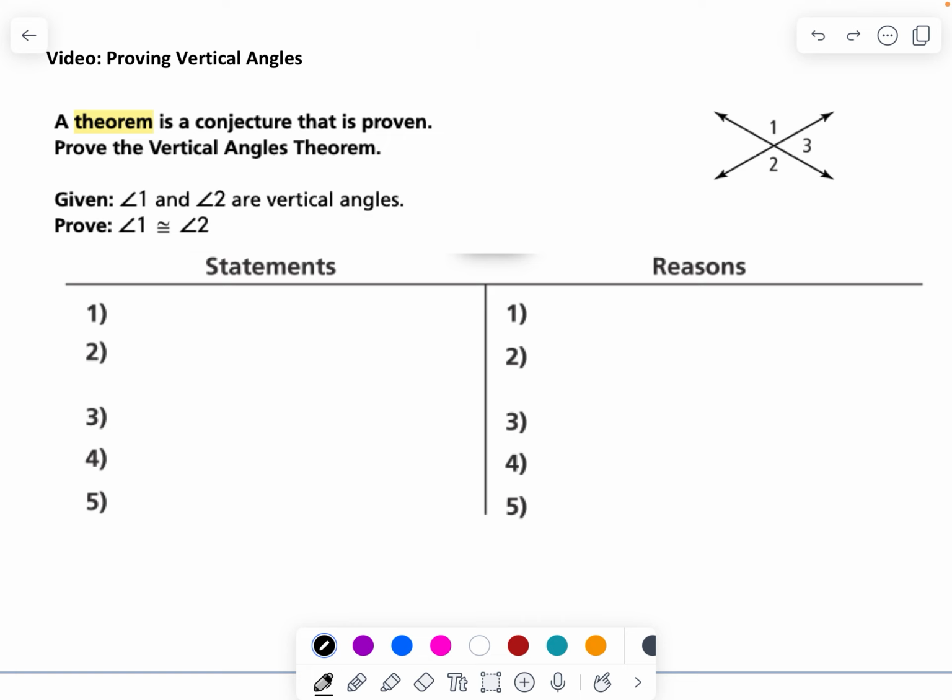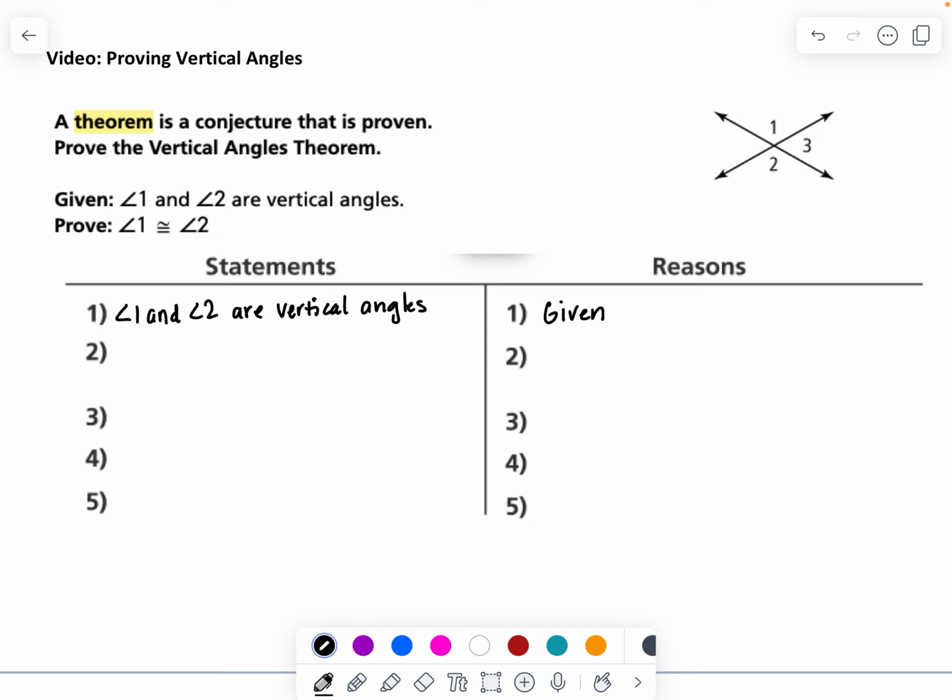So our first statement, we always write it out, angle 1 and angle 2 are vertical angles. Oh, goodness gracious, that's not the right way. Are vertical angles. There we go. And my reason is because that's the information that we're given. Okay?